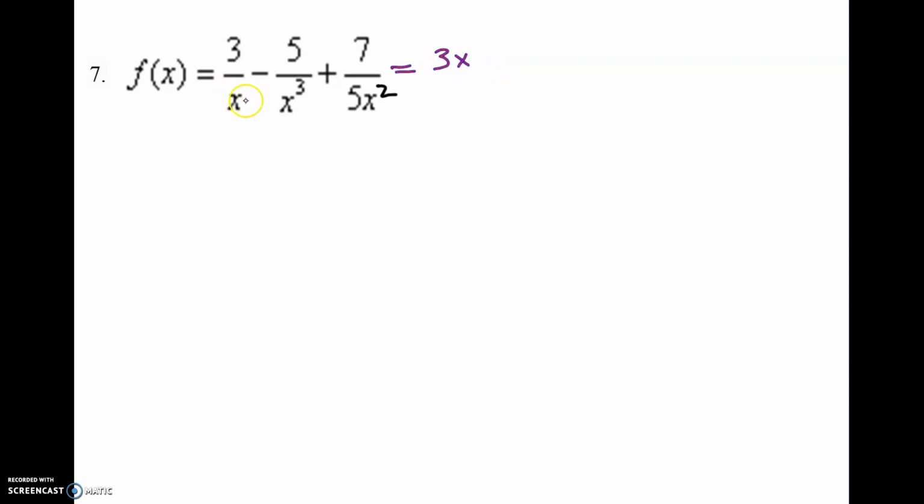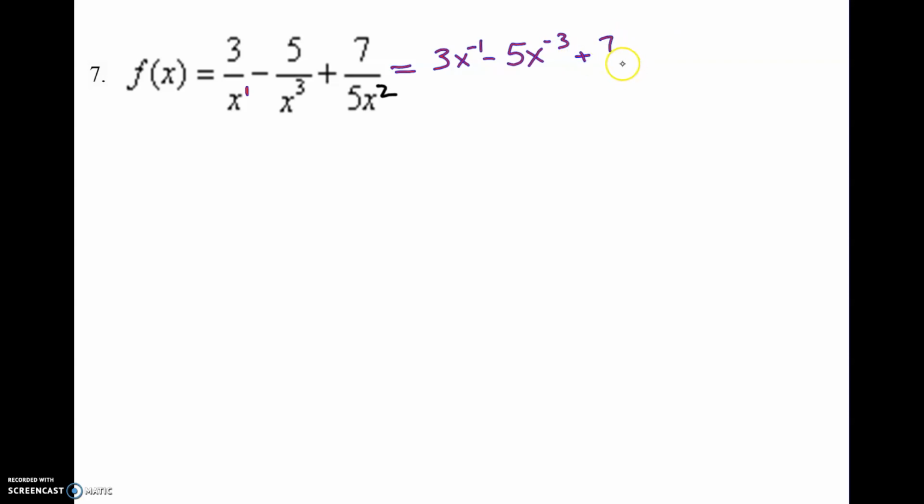Now, when the variable is in the denominator, we know here if there's no exponent, it's a 1. In order to reciprocate, we know that we use negative exponents. So we write this as 3x to the power of negative 1, subtract 5x to the power of negative 3, plus 7.